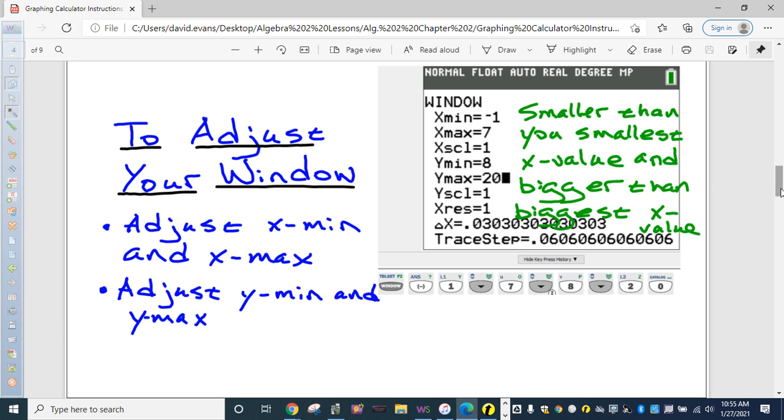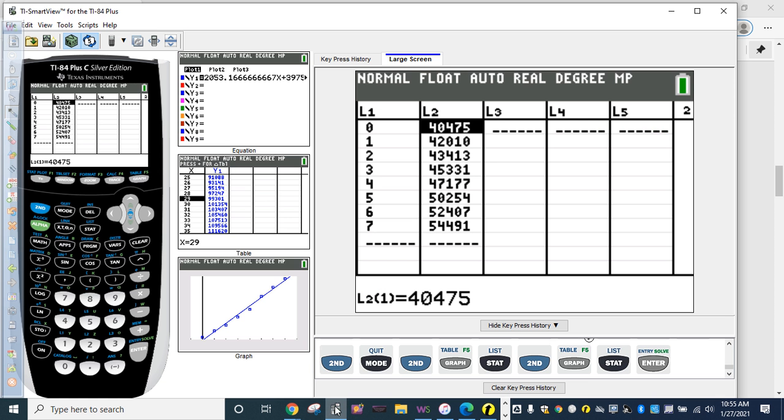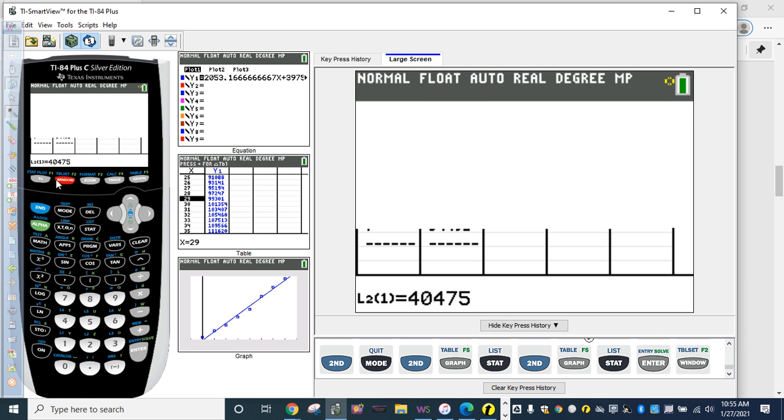So we're going to adjust the x values and the y values. So to do that, we hit window, and I already have it for you, so you can just use those numbers. -1 for x min, 8 for x max, 40,000 for y min, 55,000. Just make sure you have the correct number of zeros. Otherwise, you won't be able to see your dots.